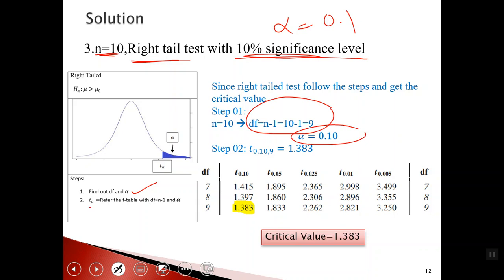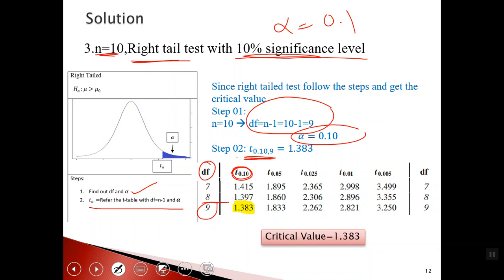Refer to the t table to find t alpha. Since this is right tail test, you have to figure out what is t alpha. So t alpha 0.1 when degree of freedom is 9. So go to the degree of freedom column, find 9, then go to the column 0.1.